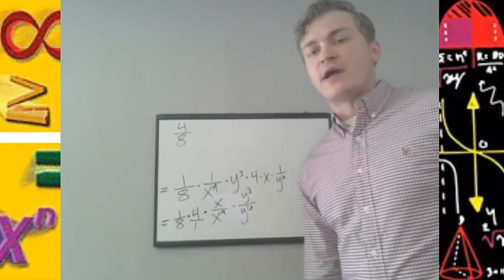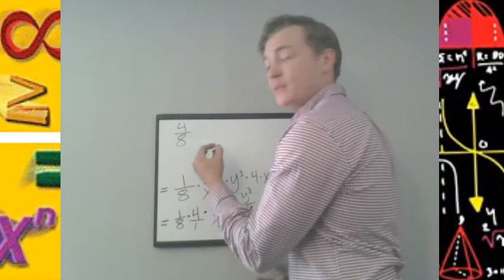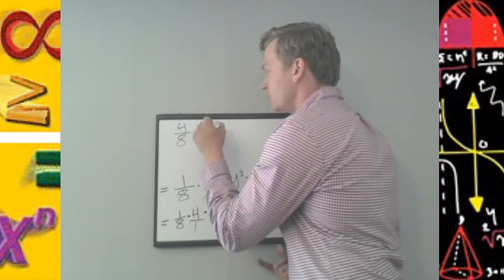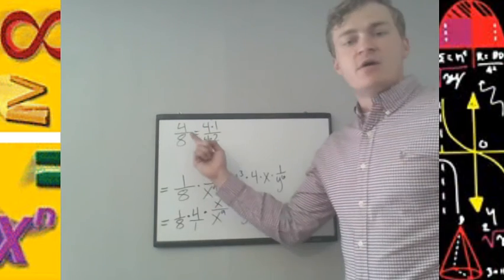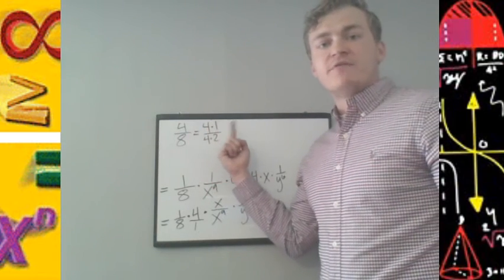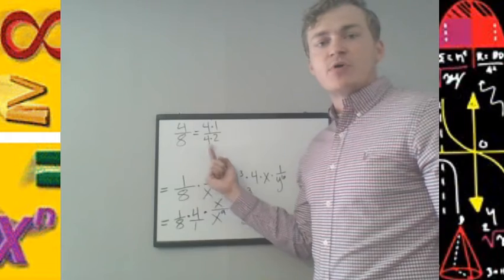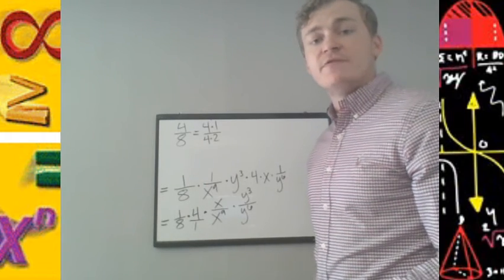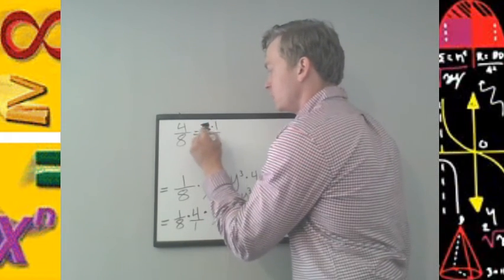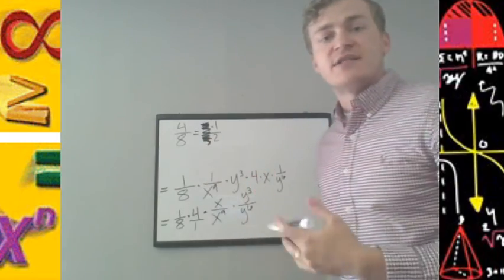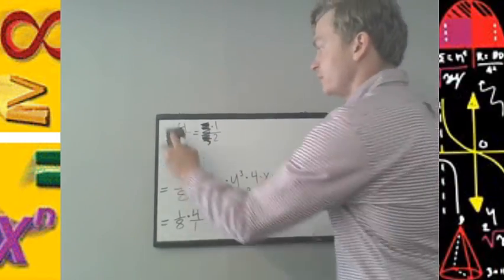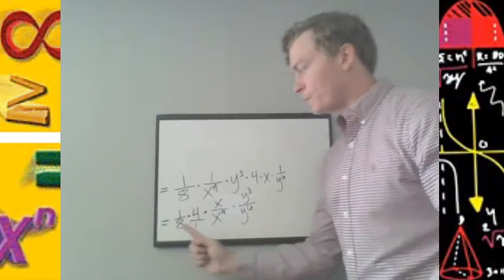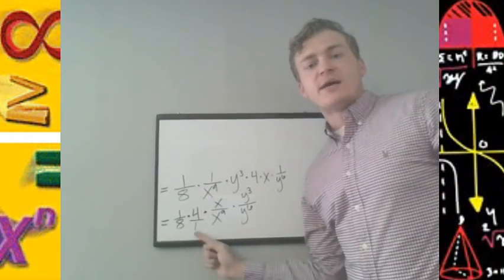Our fraction 4/8 is 1/2, simply because 4 can be rewritten as the product 4 times 1, 8 as the product 4 times 2. The common 4's cancel because we cancel factors, things that multiply, leaving us with that fraction 1/2. So 1/8 of 4, or 1/8 times 4, is 1/2.